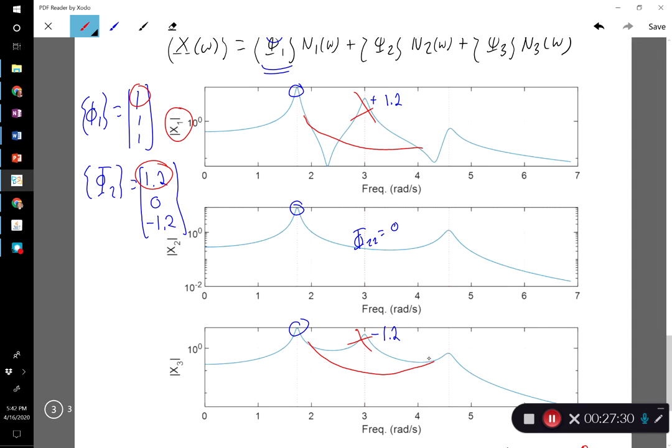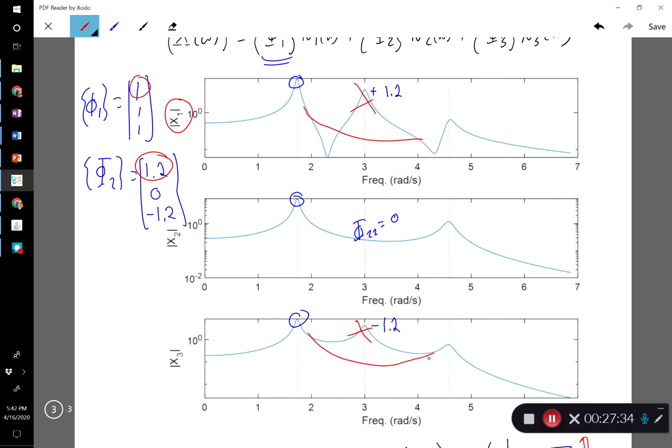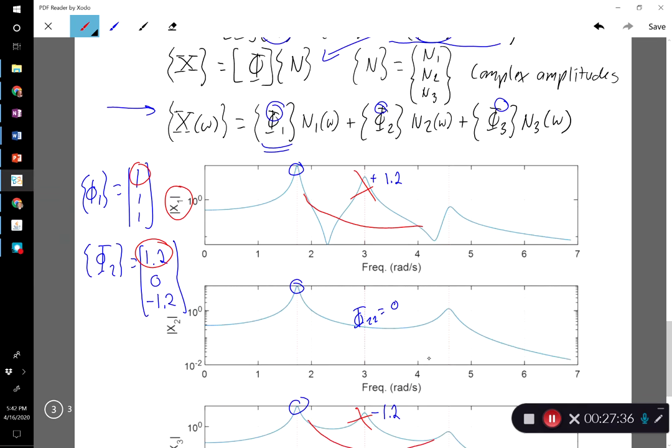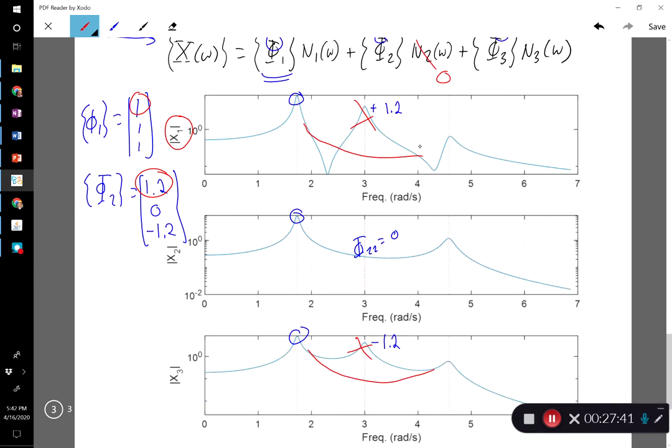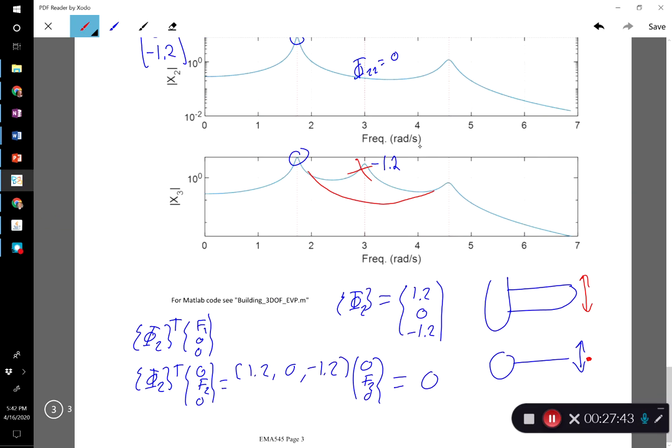The mode would be completely absent because its force is 0. And so basically that makes this value of eta 2 go to 0 so that the second mode doesn't show up at all. So that's an important fact that we use when we design tests, and something that we talk about quite a bit in EMA540, if you're able to take that at some point.